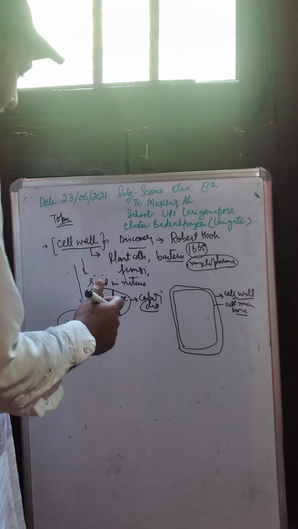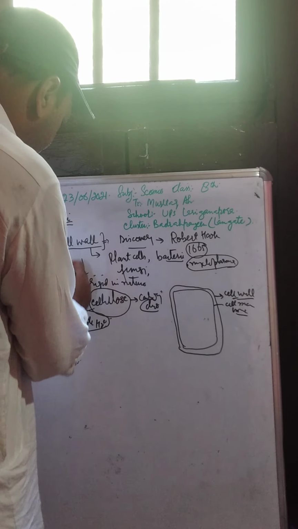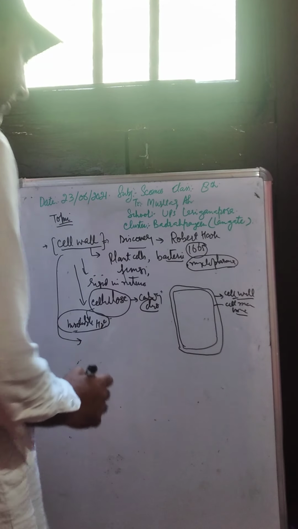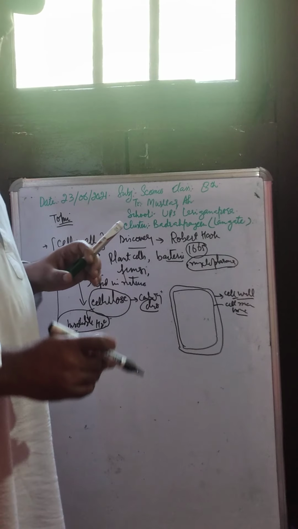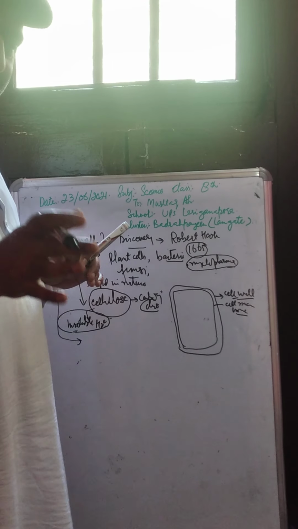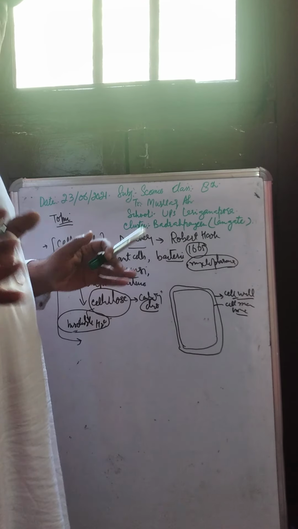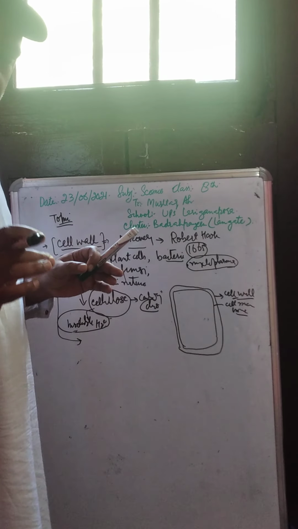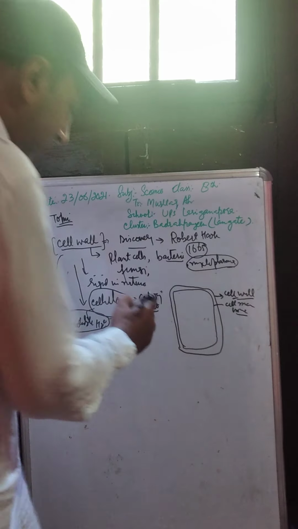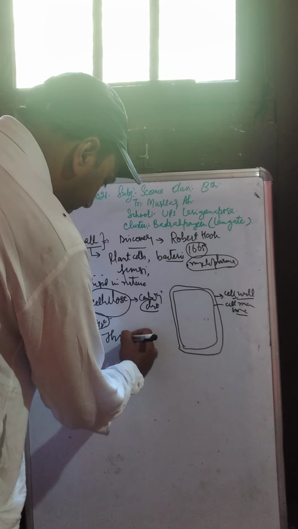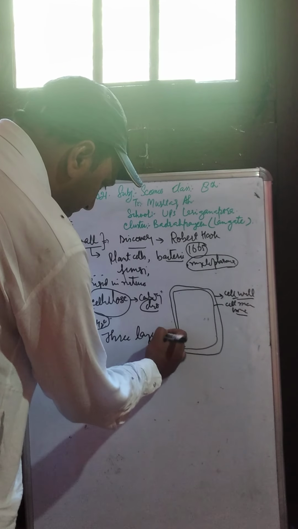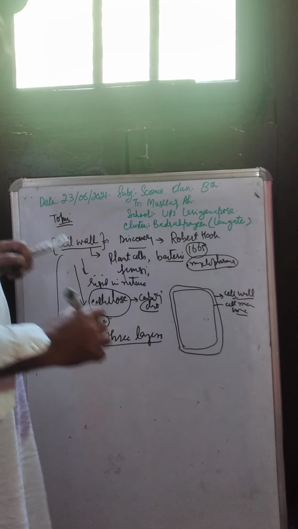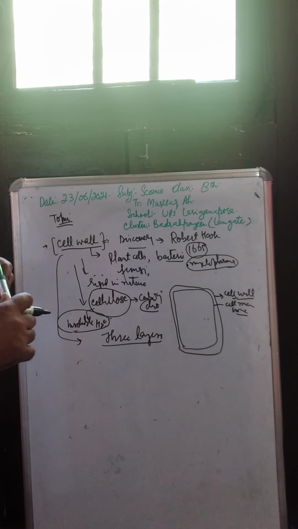Okay. Now let us also try to know what are the different layers of the cell wall, and you will be amazed to know how many layers the cell wall has. 3 layers. The cell wall of a plant cell has 3 layers.